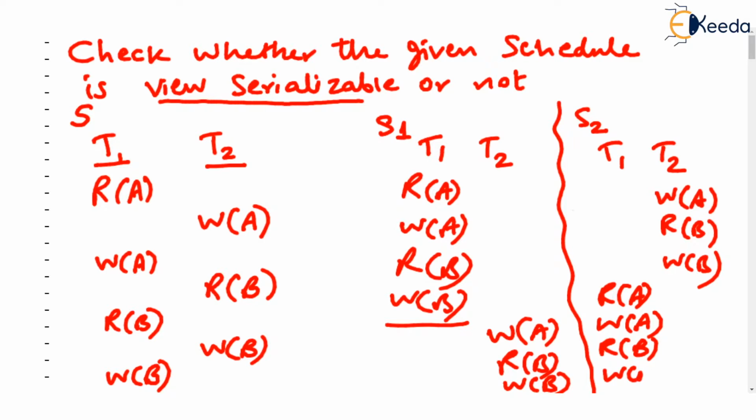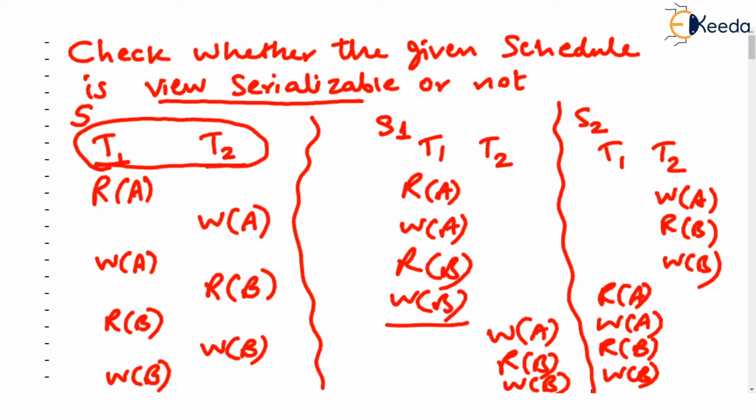Now we have to check whether this schedule S containing these two transactions T1 and T2 is view equivalent with S1 or view equivalent with S2. If it is view equivalent with any one of the serial schedules, then we say the given concurrent schedule is view serializable.